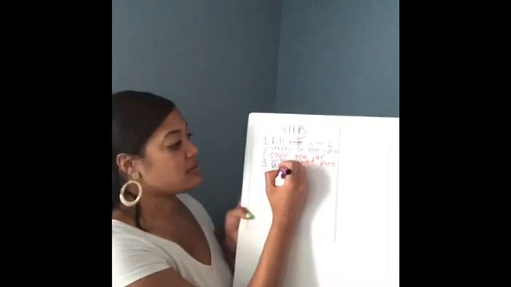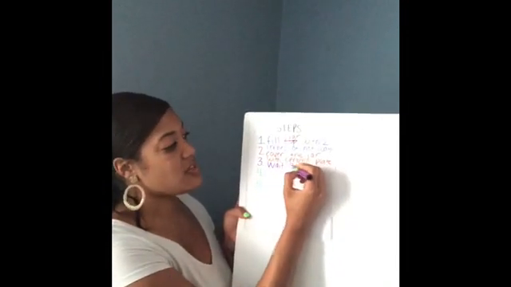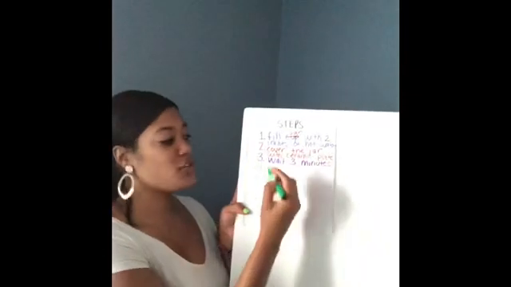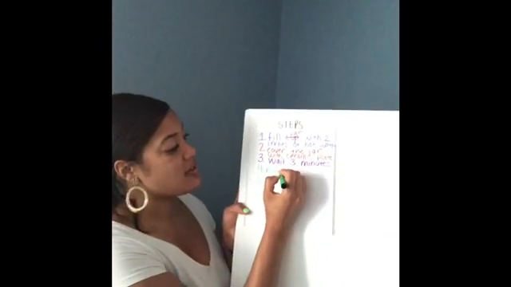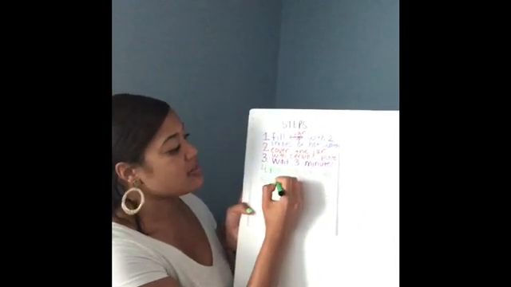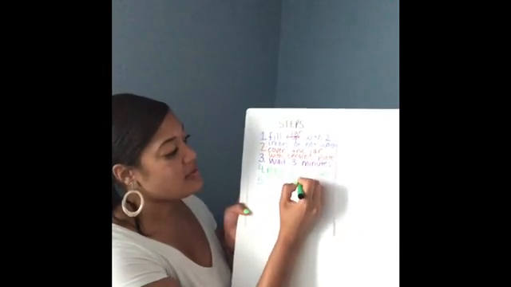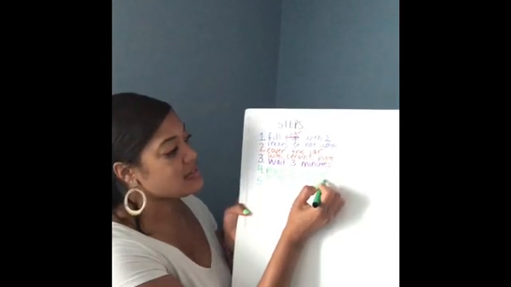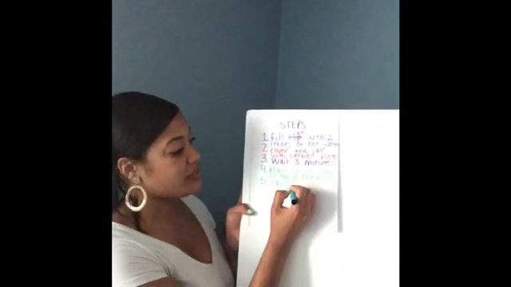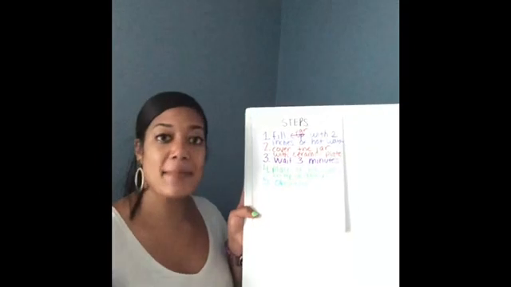Step number 3, we're going to wait 3 minutes. Step number 4, we're going to place 4 ice cubes on top of the plate. And then for step number 5, we're going to simply observe the water cycle happening in the jar.